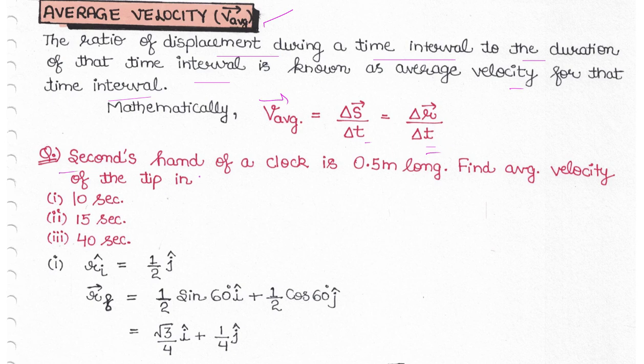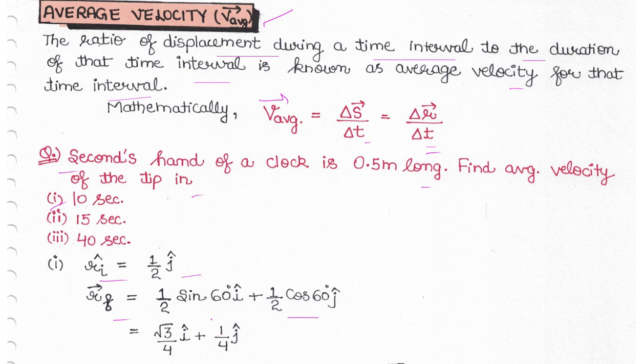Now, second hand of a clock is 0.5 meter long. Find average velocity of the tip in 10 seconds. For this we can write Ri is equal to half j cap, or Rf is equal to half sin 60 degree i cap plus half cos 60 degree j cap.